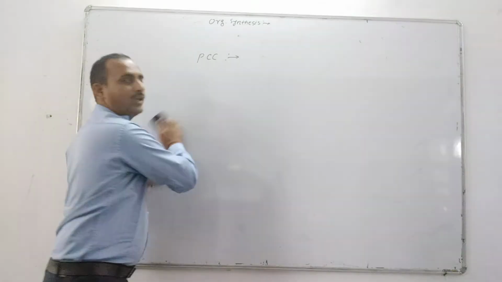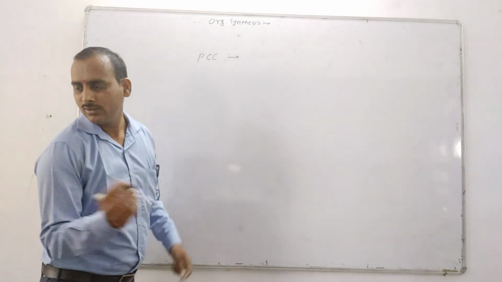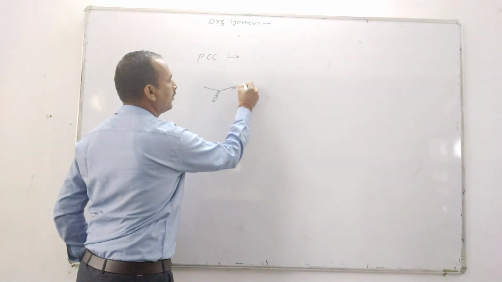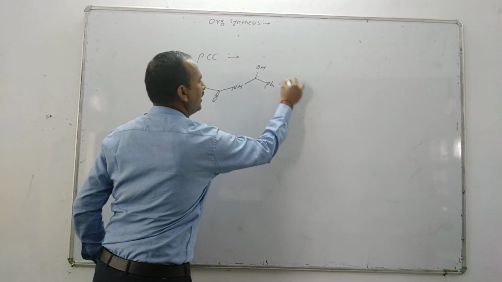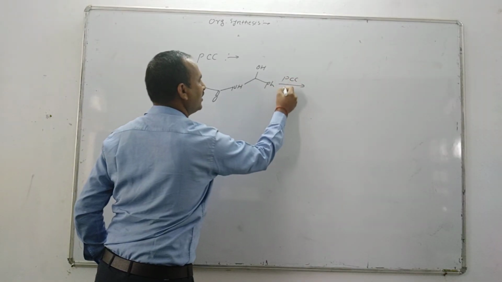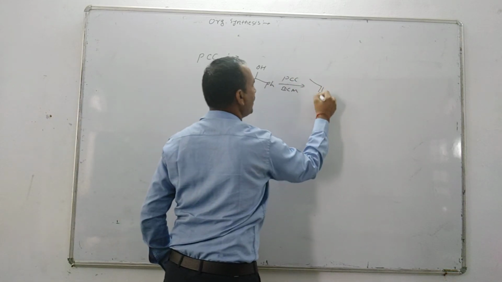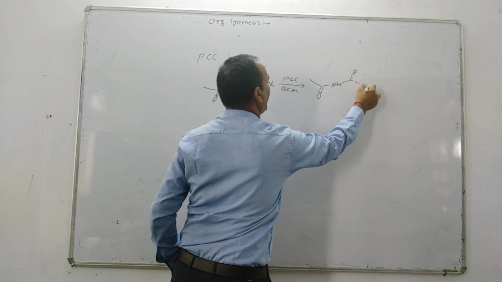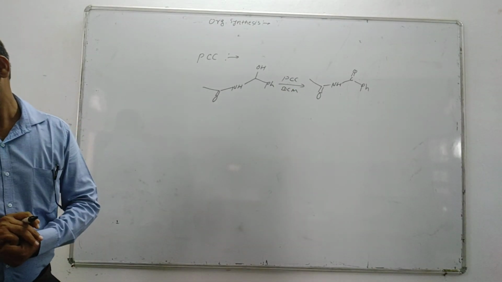Okay, let's see more examples of this oxidation. Now this is oxidized in DCM, dichloromethane, to C double bond O, meaning secondary alcohol is oxidized to ketone.